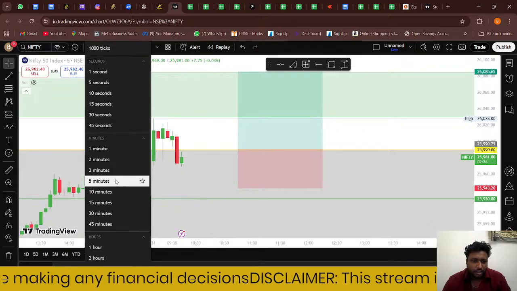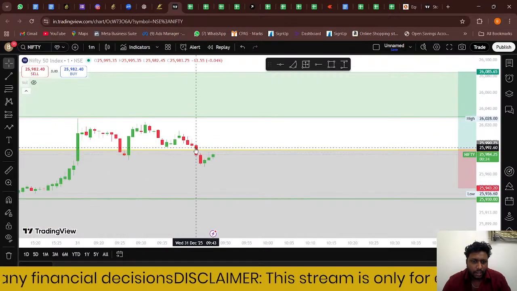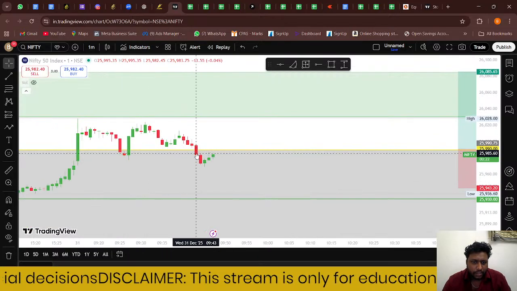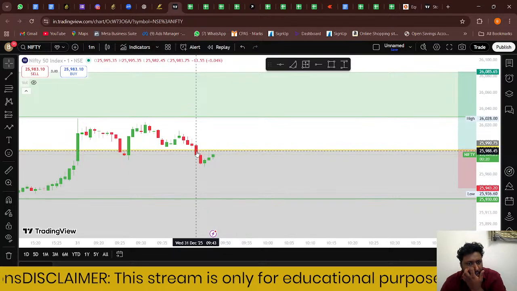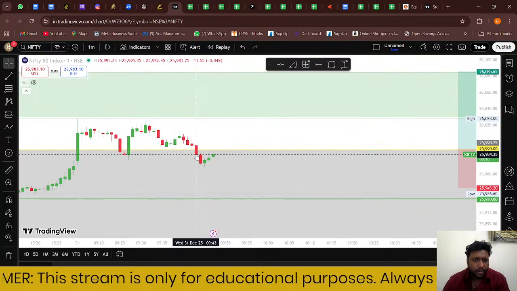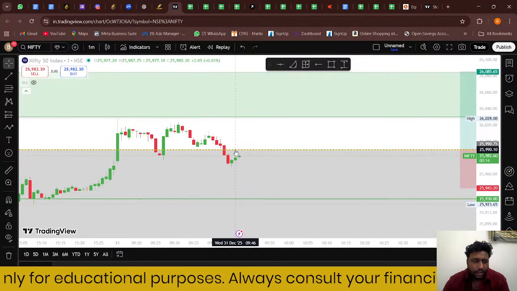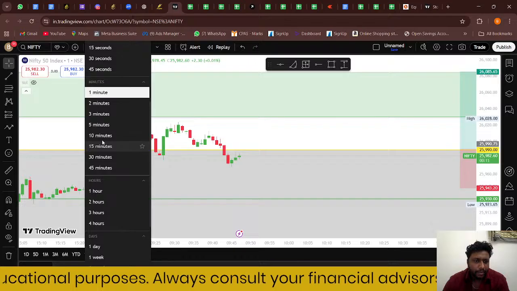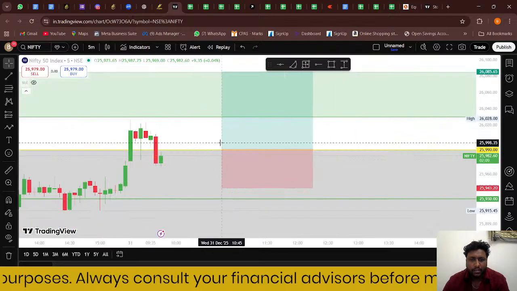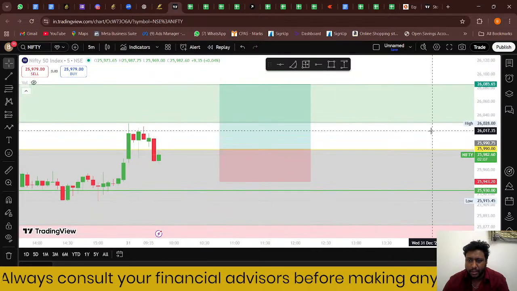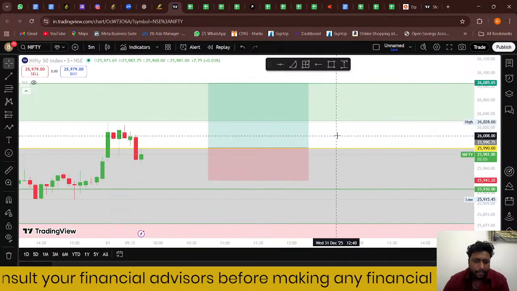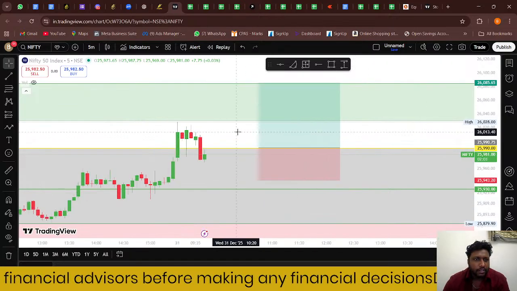We'll change it to 1 minute also. See here, the breaking candle itself is closing down below the level, so this cannot be considered as a trigger. But once a 5 minute candle is closing above the level, then definitely we can go for the bullish entry over here. Anyway, that's all for today.